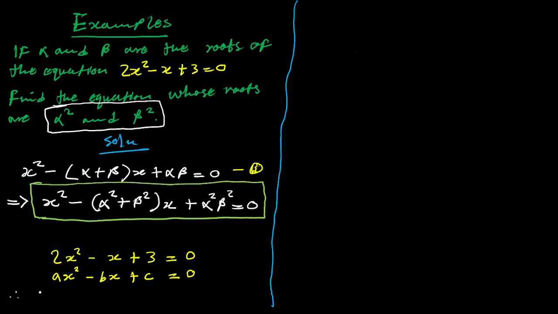Okay, so with this in mind, you can say therefore a is equal to 2, then b is simply equal to, sorry, there is supposed to be a plus, b is simply equal to -1 and c is simply equal to 3.